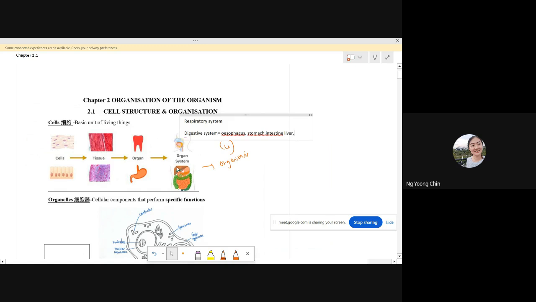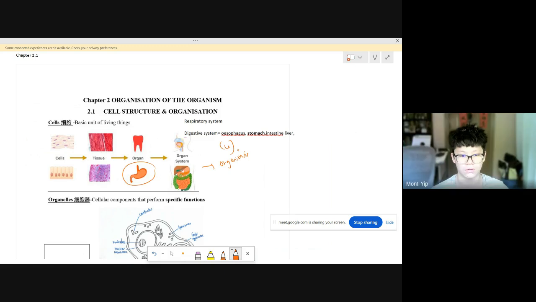Understand? So when we talk about one organ, for example the stomach, just this organ, the stomach is an organ, but the stomach itself is made of thousands, millions of tissues together.